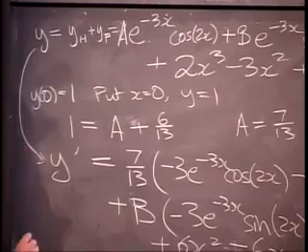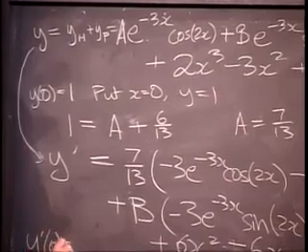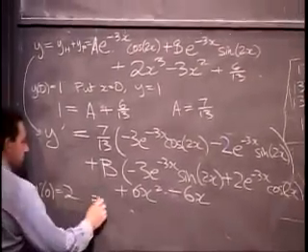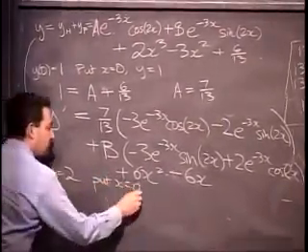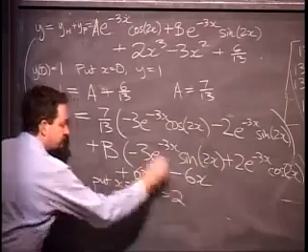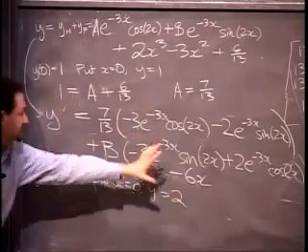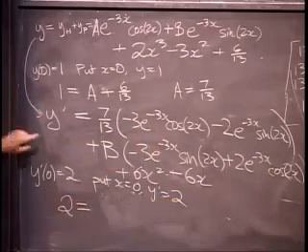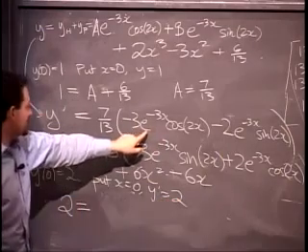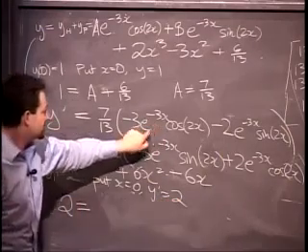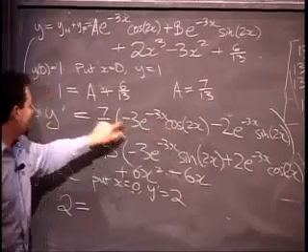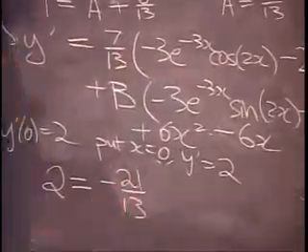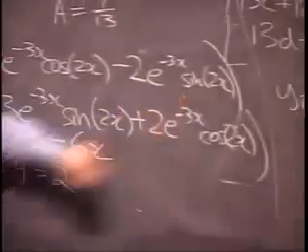Now, y prime of 0 is 2. So this means that put x equals 0 and y prime equals 2. So this mess of equations simplifies considerably to 2 equals, okay, again, when x is equal to 0, this sort of term is 1 times 1, and you get minus 21/13 from that. And the sine goes away.